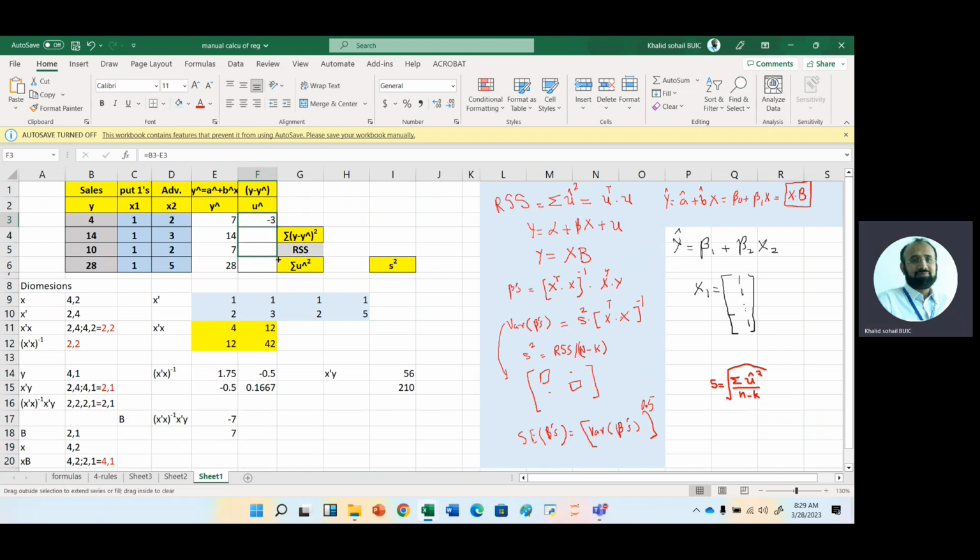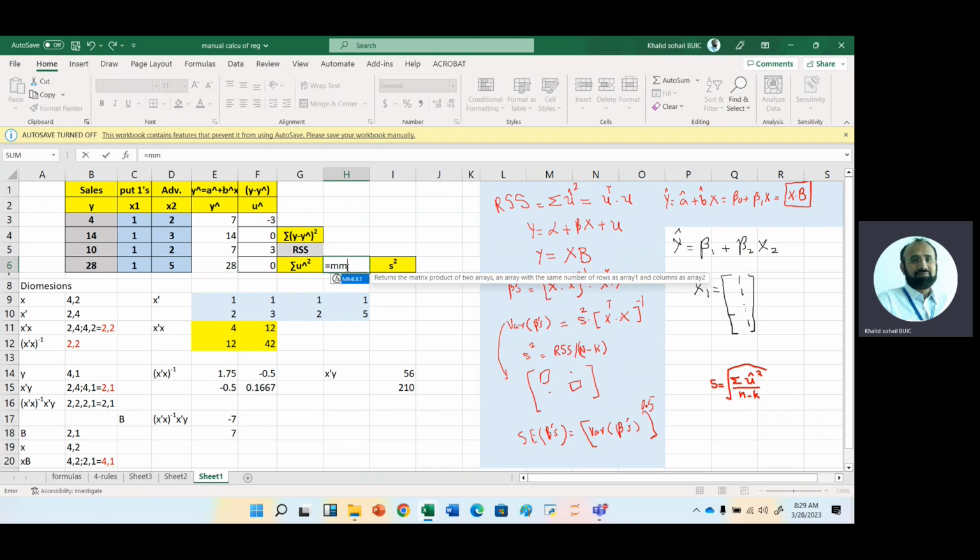And now to get summation U hat square, we can multiply this U hat by U hat, and it will give us a single value. So that should be M mult.